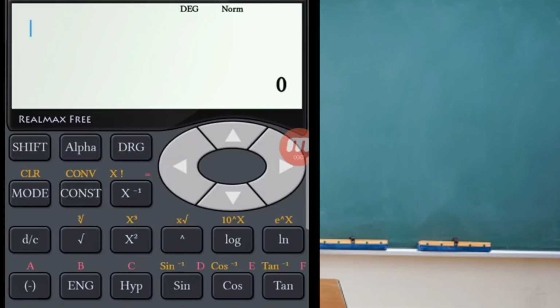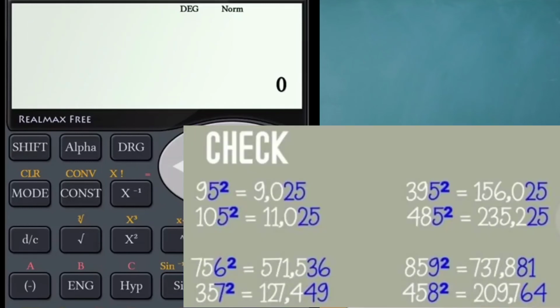In this part, we are going to check the examples that we have in the verify conjecture. The first example that we are going to check is 95 squared. In our solution, the answer is 9025, which is correct. The second example is 105 squared, which is 11,025, also correct.